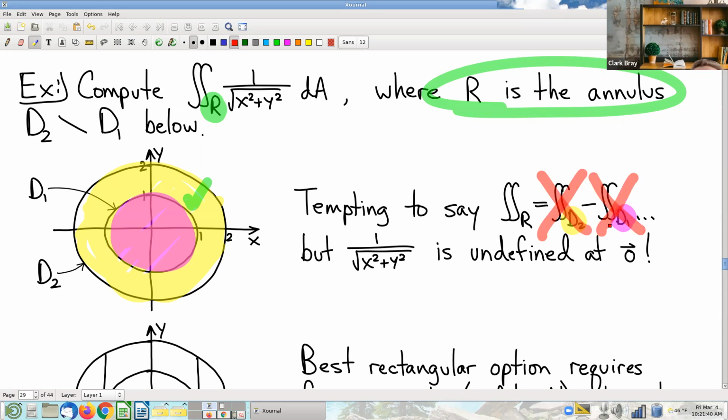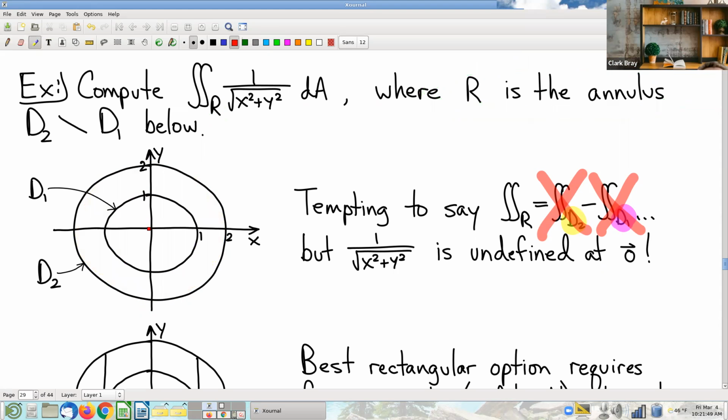defined. Because for those domains, right? Those domains include the origin, and at the origin, the integrand blows up, right? And so, one could say, oh gosh, well, let's define a whole new concept of an improper integral, right?